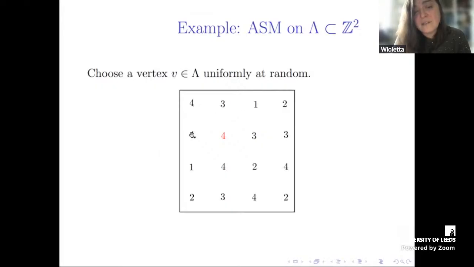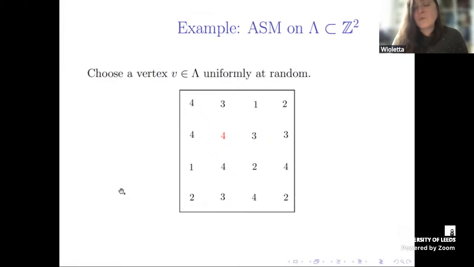Here I didn't draw the edges, but just imagine that all the vertices have 4 edges, and the outside box represents the boundary, and all the boundary vertices are connected to the boundary: on these sides with 1 edge, and in the corners with 2 edges. So this vertex is connected with 2 edges to the boundary, this with 1, 1, 2, etc.